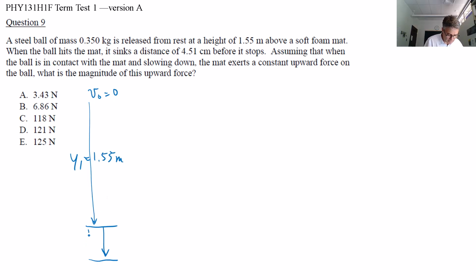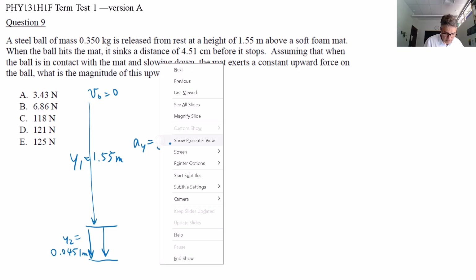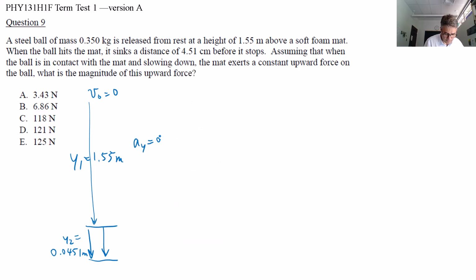And then it sinks some distance y2, which in SI units you have to divide by 100, so you'll get 0.0451 meters. During this first segment of motion, a sub y equals g, 9.8.